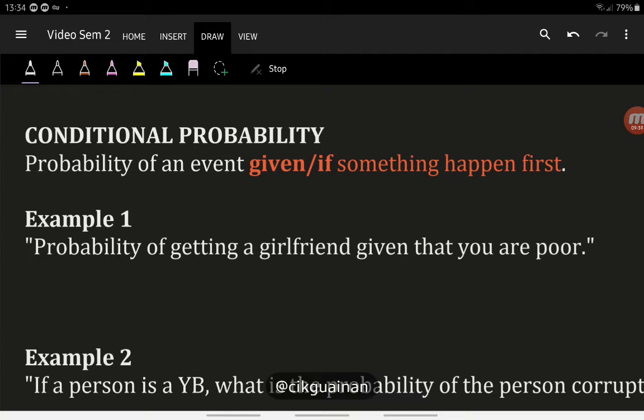What does conditional probability mean? It is the probability of an event given that, or if, something happened first. So something happened first, then what is the probability of the thing afterwards happening?